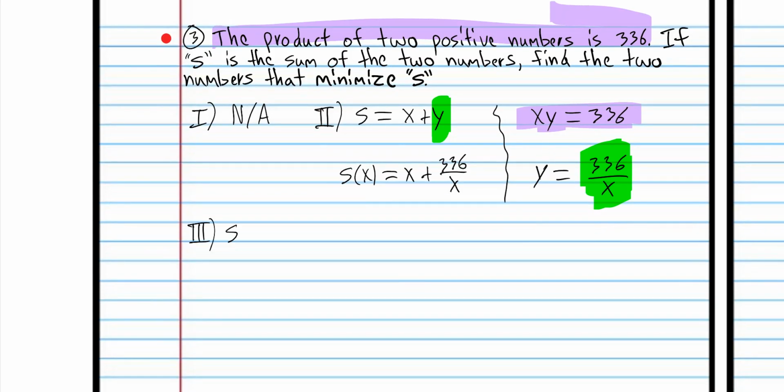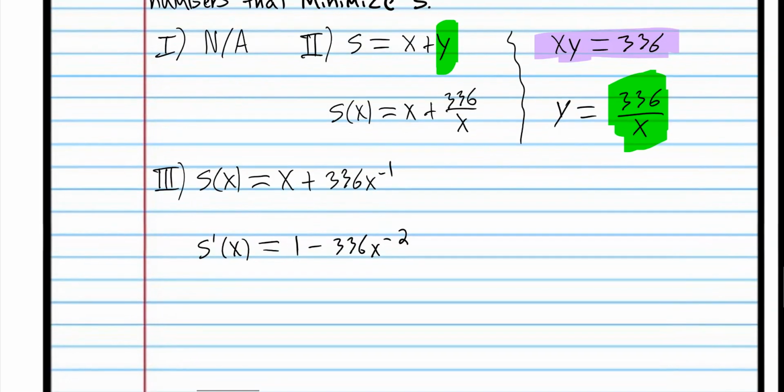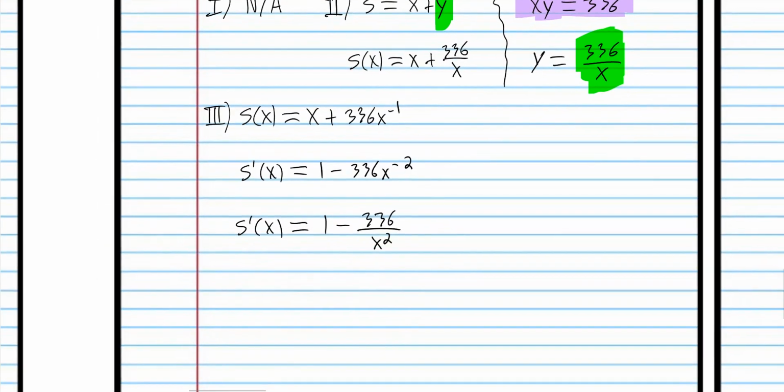We're going to find the derivative, but before we do that, let's change the form of this expression so we have 336x to the negative 1 power. Then we're going to find the derivative. We have 1 minus 336x to the negative 2 power. And remember, if you want to find the critical numbers, first let's put this in a form that we can actually understand.